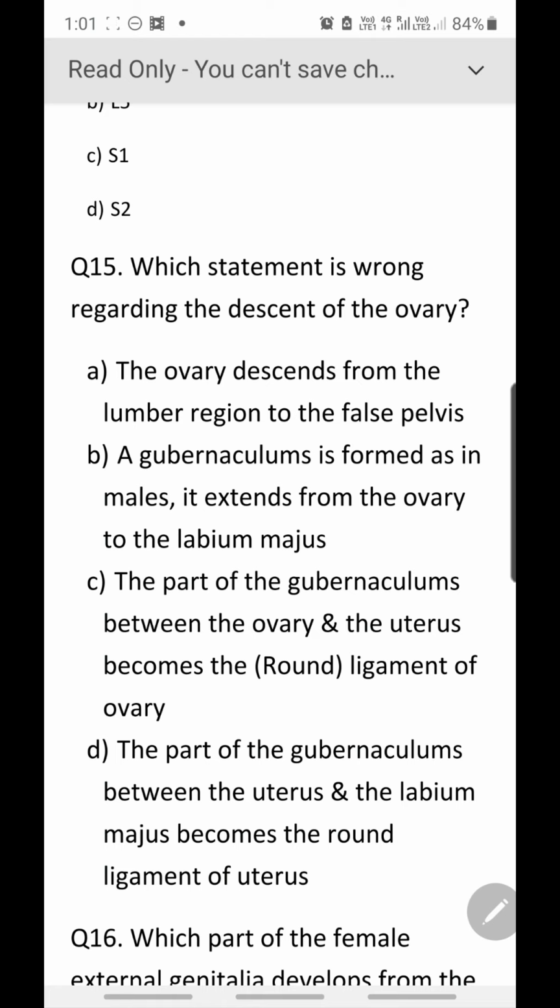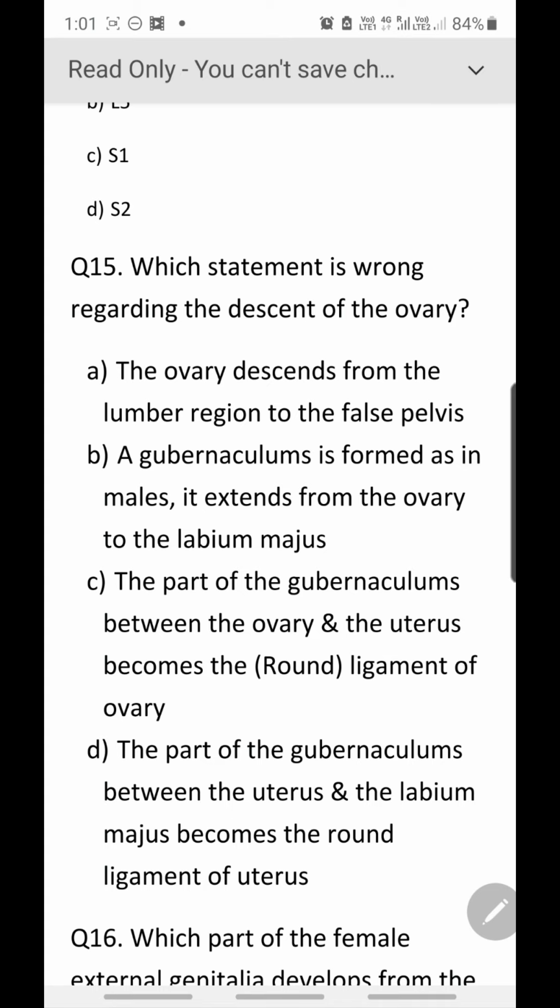So this is exactly the same thing that was happening in the descent of testis also. And remember that one of the contents of the inguinal canal is the round ligament of uterus in females, right? And that was the course of gubernaculum in males also, right? So everything is fine here, except that it is a very simple thing.